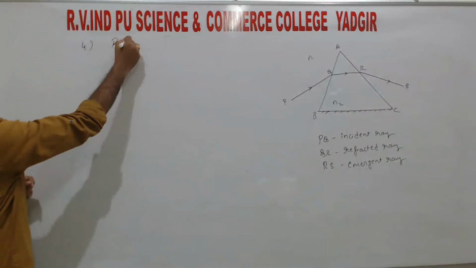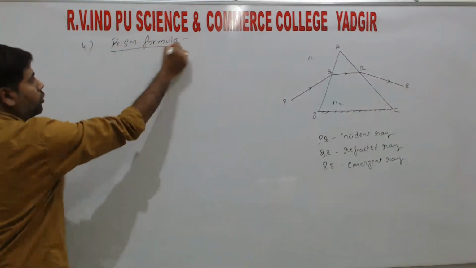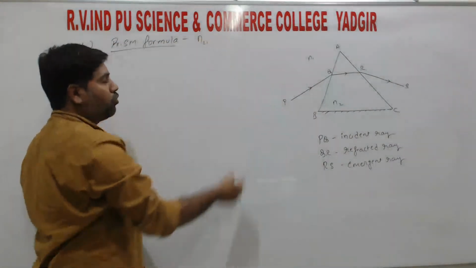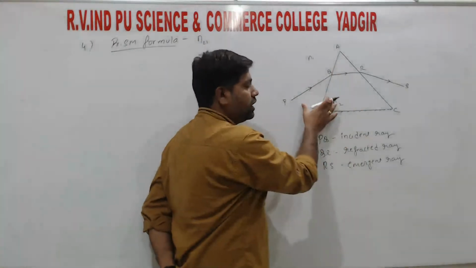Right? So question number 4, this we call the prism formula. Here we are going to find the relation for the refractive index, that is n21. This is the first step.